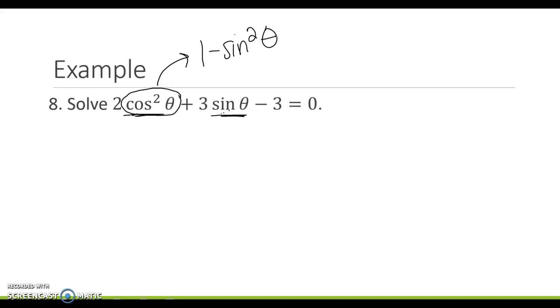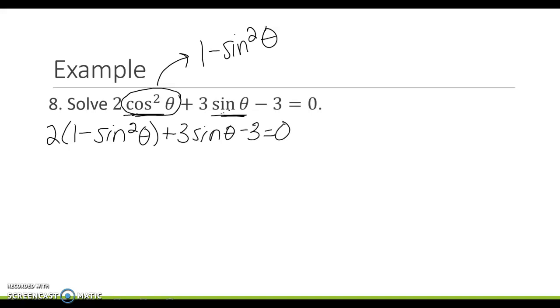That way I created an equation only in terms of one trig function. So let me make that substitution. Okay, now I'm only in terms of sine, which is what I want.